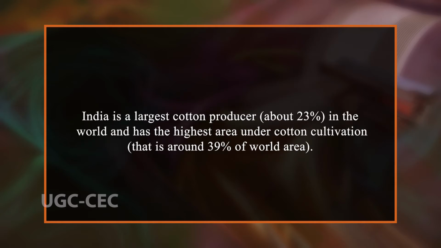India is the largest cotton producer, about 23% in the world, and has the highest area under cotton cultivation, that is around 39% of the world area.